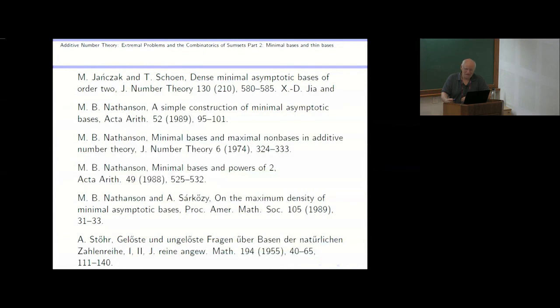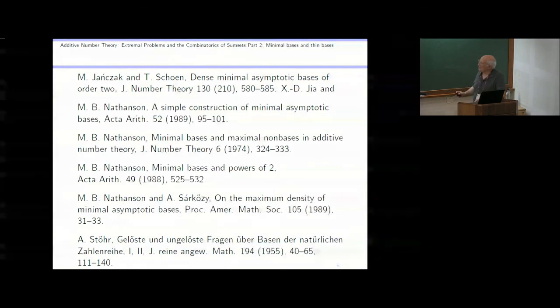Stöhr liked the idea of a minimal basis, but he wasn't sure what the definition should be. So he gave 7 or 8 different definitions of minimal bases, one of which was exactly mine, though in his paper he didn't know whether any of these things existed. But the definition is clearly there.